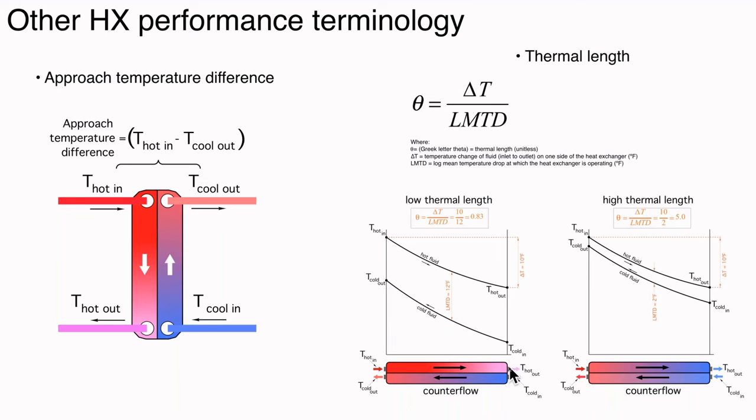But let's say we have a fluid at 120 degrees, and we're trying to transfer heat to a fluid at 110 degrees. Now we have a much smaller temperature difference, and that would be called a high thermal length situation. Typically, that's going to require a larger heat transfer area.